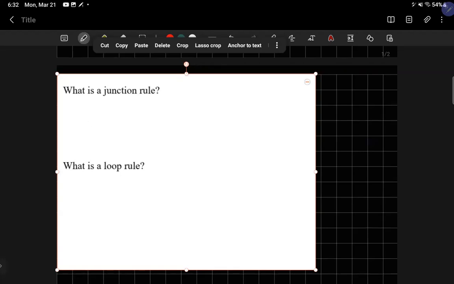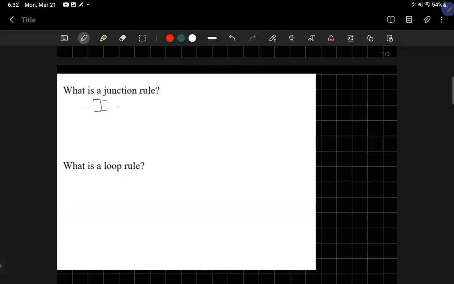So junction rule, we have, I'll probably just write it, I in equals I out. At a junction, say I have so many currents going in and out of a junction.